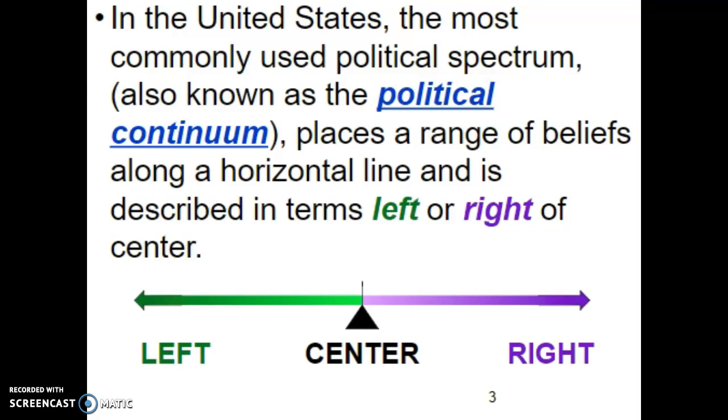And so, obviously when we are talking far left, we're talking about the Democratic Party. So if you're in this green area here, you'd probably be considered a Democrat. And then if you're on the far right of the spectrum, you're more Republican, more in line with Trump, for example. Also, you're going to be considered more conservative if you're towards the right.